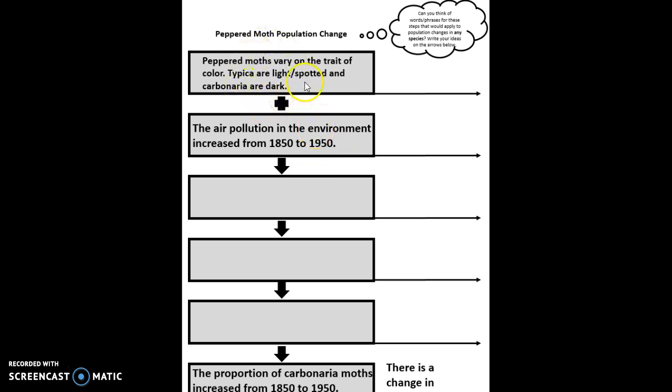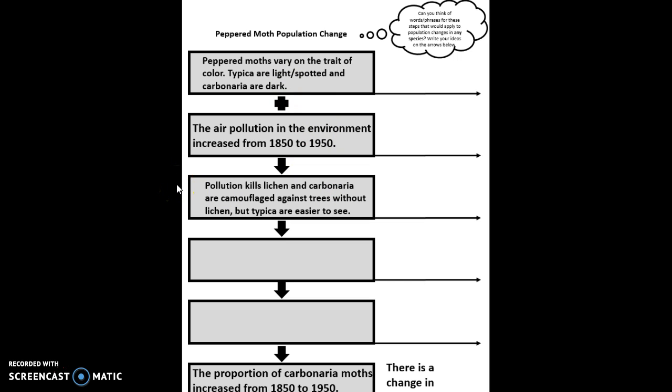So because there's variation in the moths, and because an environmental change occurred, this next thing happened. And before we fill that in, pause the video and make sure you have all the words copied down for the first two events.